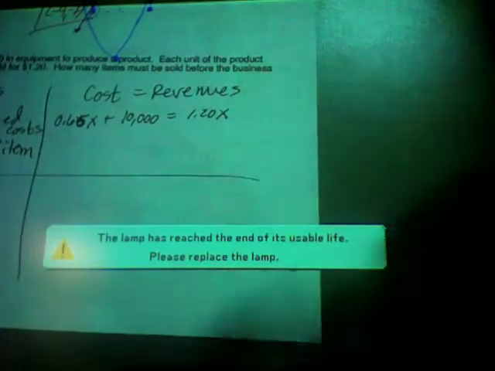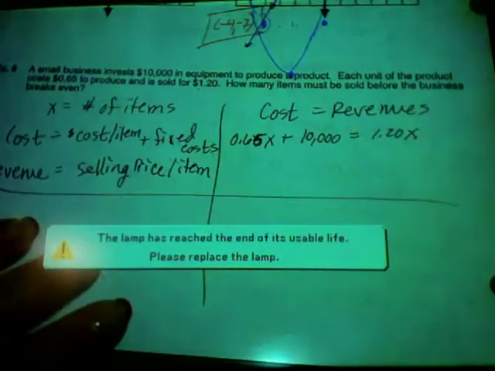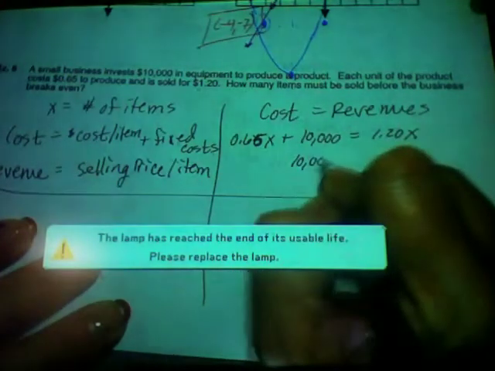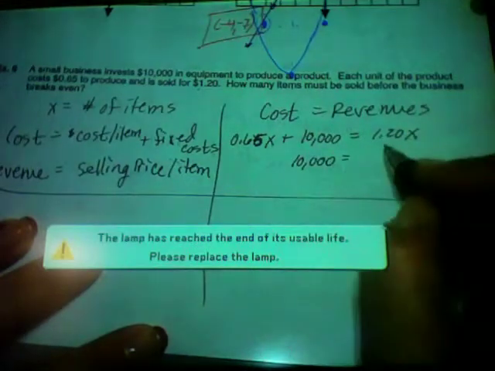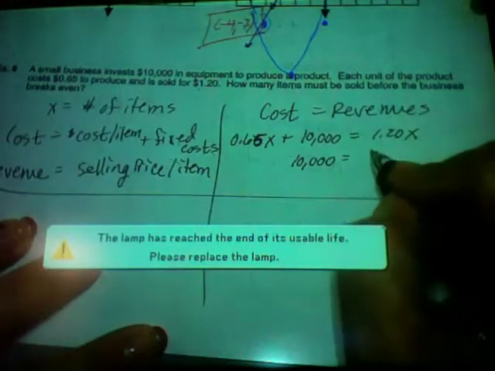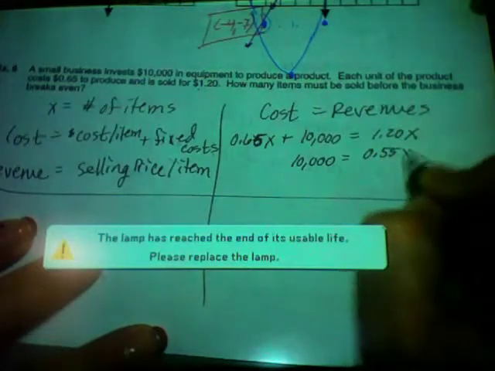So let's go ahead and just solve it algebraically. What are you gonna do? 10,000 is equal to what? What's 120 minus 65? You can't do that in your head.